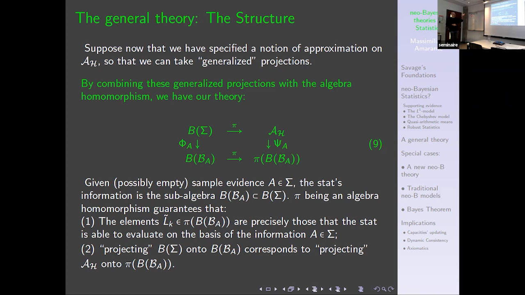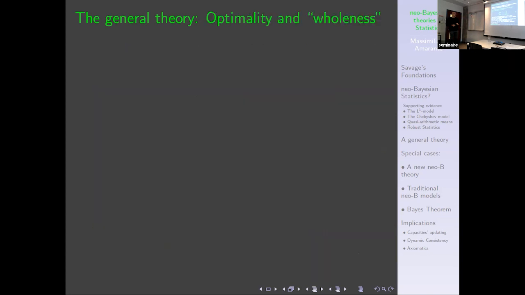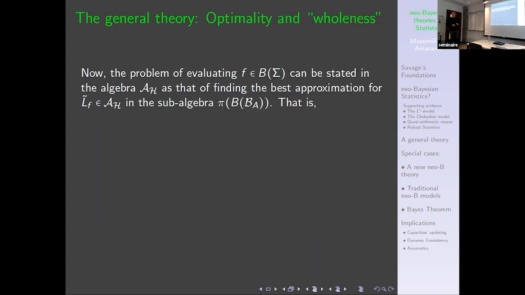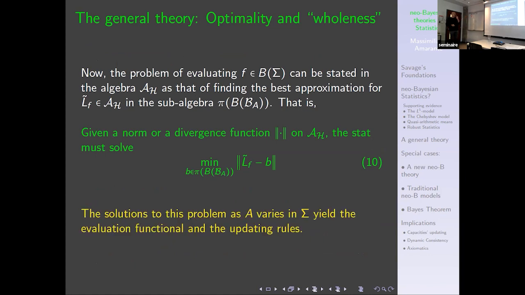Given this, whatever projection of algebra to subalgebra happens on one side, happens on the other side. Okay, this is the statement of the minimization problem in the algebra. We're not going to repeat this, but basically whatever theory is built in this way would have the same features as we have seen in the example.